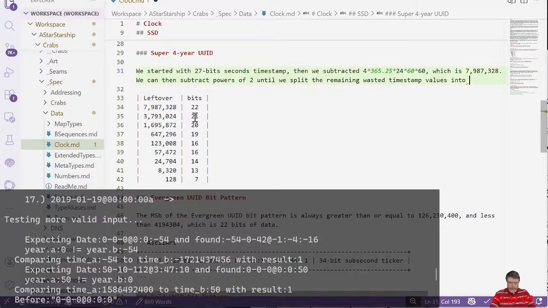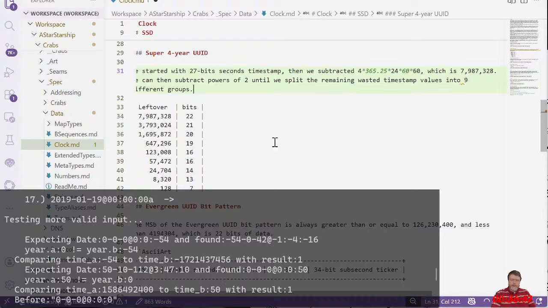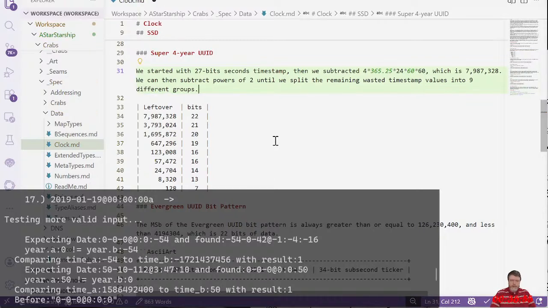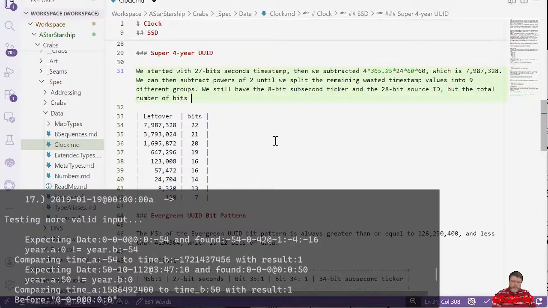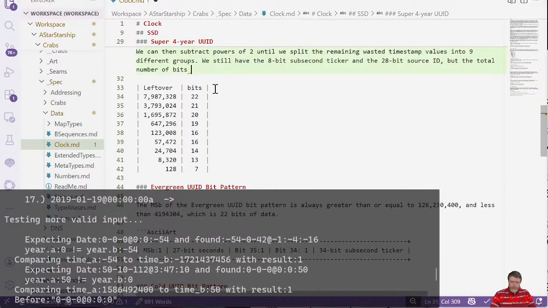And this is 1, 2, 3, 4, 5, 6, 7, 8, 9 different groups. All right.